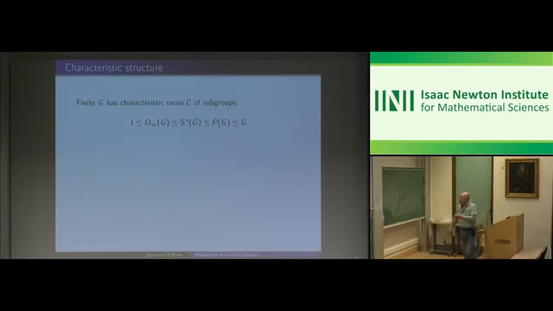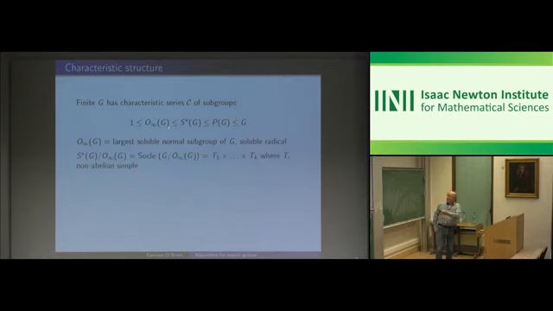This goes back to the notion that a finite group G has a characteristic series of subgroups where O infinity is the soluble radical, and S star modulo infinity is the socle of G modulo the soluble radical. It's a direct product of non-abelian finite simple groups. And then we've got a permutation action, a mapping phi from G to the symmetric group of degree K, where K is the number of non-abelian simple factors turning up here.